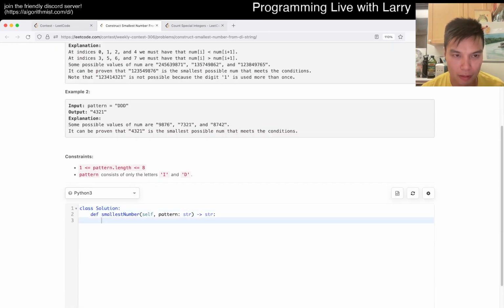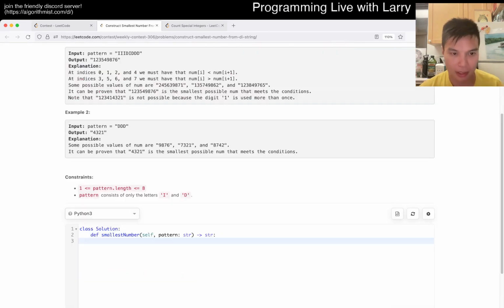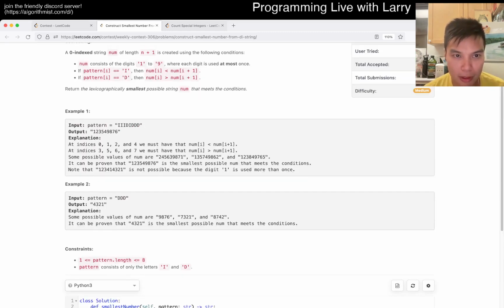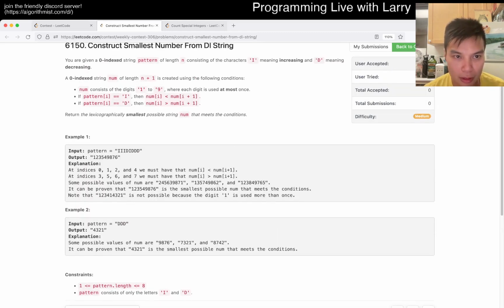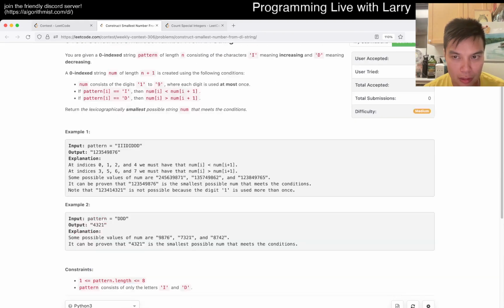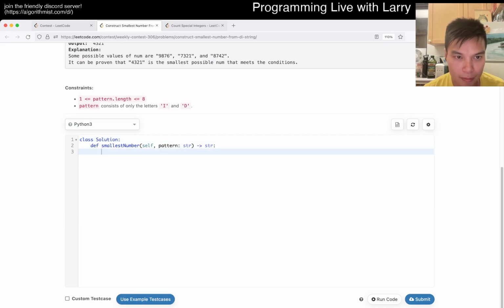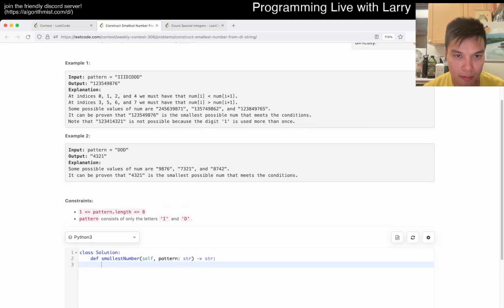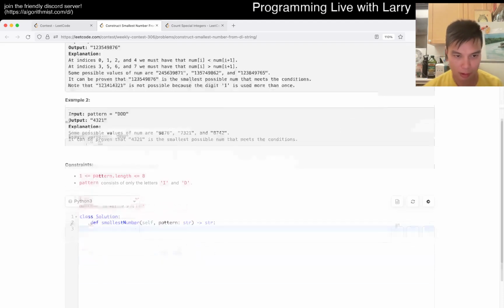Yeah, okay. 9 factorial times 9. That's cutting it close, but should still be okay. I think. If this times out, that'll be very sad. Actually, yeah, okay. Let's just do it.